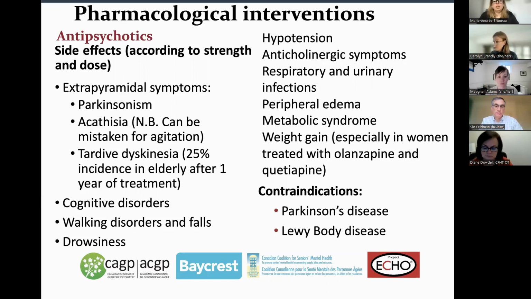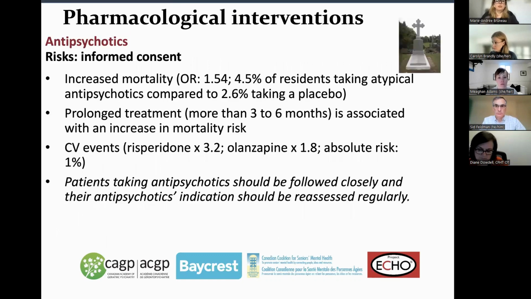Antipsychotics are also associated with many other side effects depending on the molecule, the dose and the strength: cognitive disorders, falls, drowsiness, hypotension, anticholinergic symptoms, infections, edema, metabolic syndrome, weight gain, etc. One should know that they are contraindicated in Parkinson's disease and Lewy body disease. I will talk a bit about that further on.